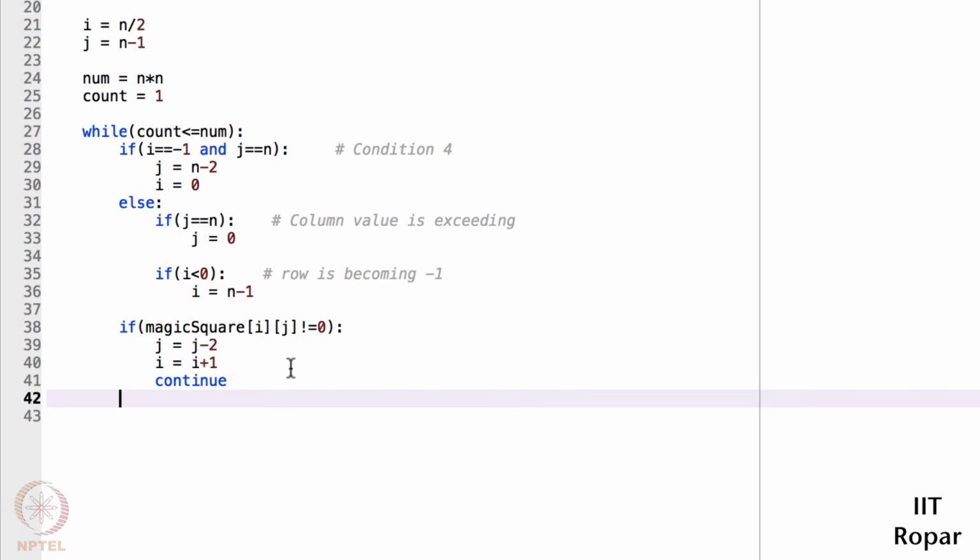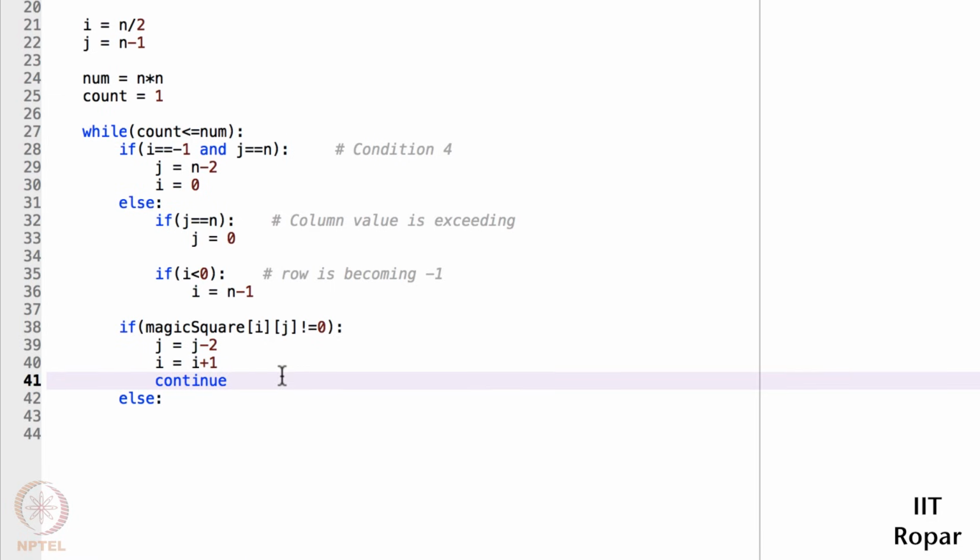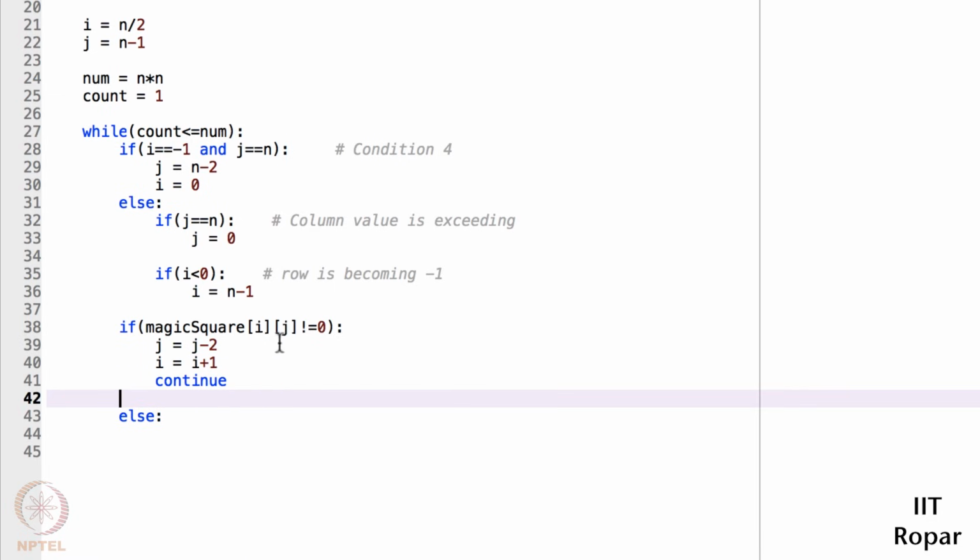Great. So this is done. I've checked it. Else, if it doesn't contain any value, it means that it is empty. It means it contains 0. I can safely put my element for which I am calculating the position.